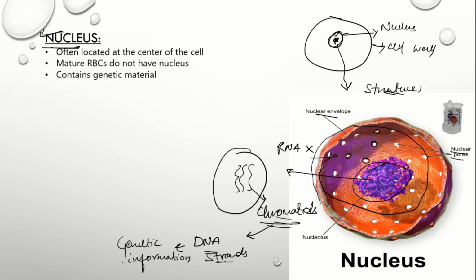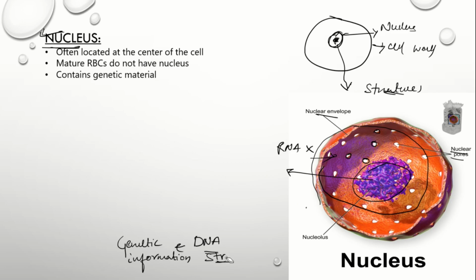Now without going into deep discussion on that, let us understand the nucleus. Inside the nucleus the nucleolus is present, inside the nucleolus chromatin fibers are present, and in the chromatin fibers the DNA is present. Now why is the DNA needed? It stores the genetic information.